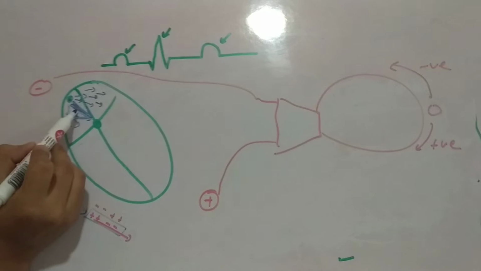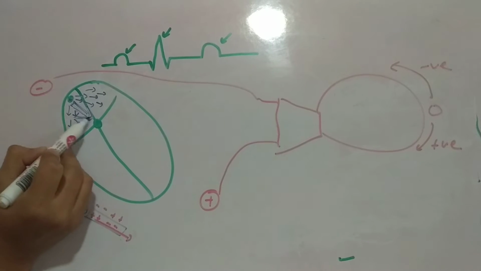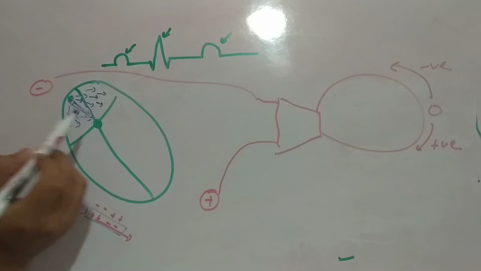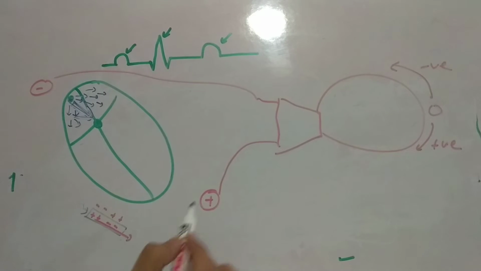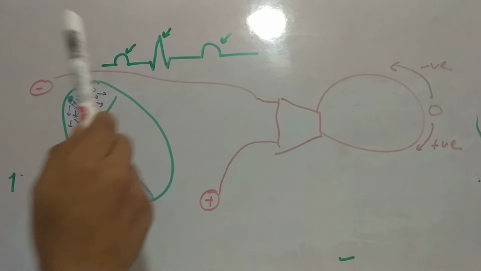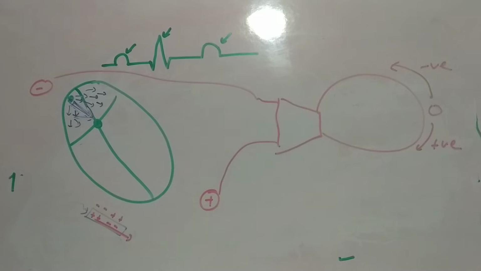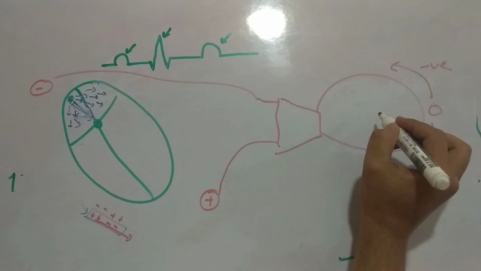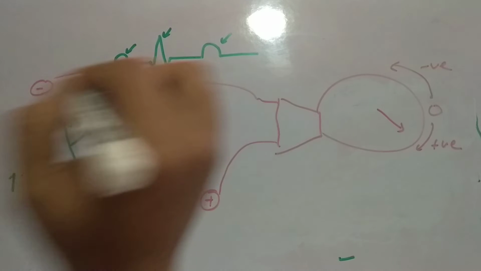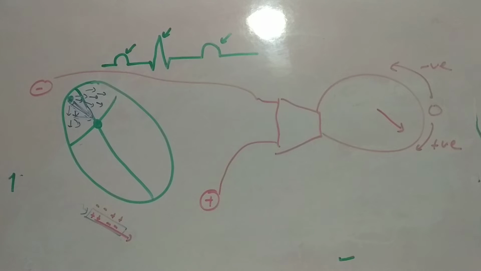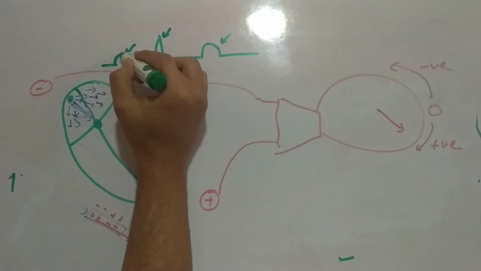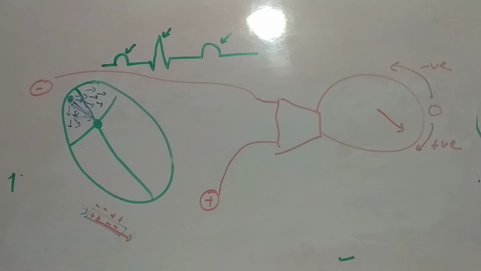Here this vector of atrial depolarization is moving towards the positive exploring electrode, so the deflection will be positive. So in case of atrium, the deflection is here. So there will be a gradual upstroke and downstroke. Till now it's clear, isn't it?